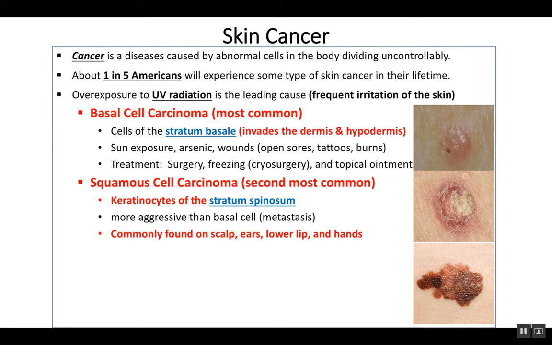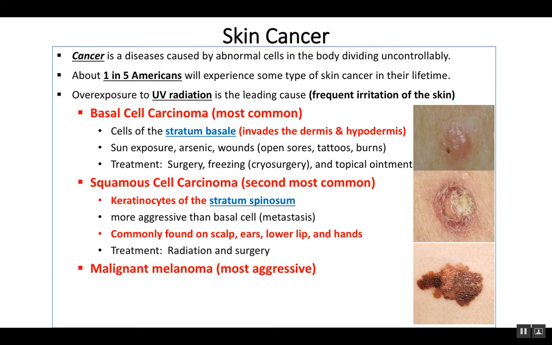Squamous cell carcinoma is most common on the scalp, ears, lower lip, and hands. All areas of the body that get the most exposure to sunlight. Treatment can be radiation, but also surgery. It just kind of depends on the extent and the technique the dermatologist chooses.